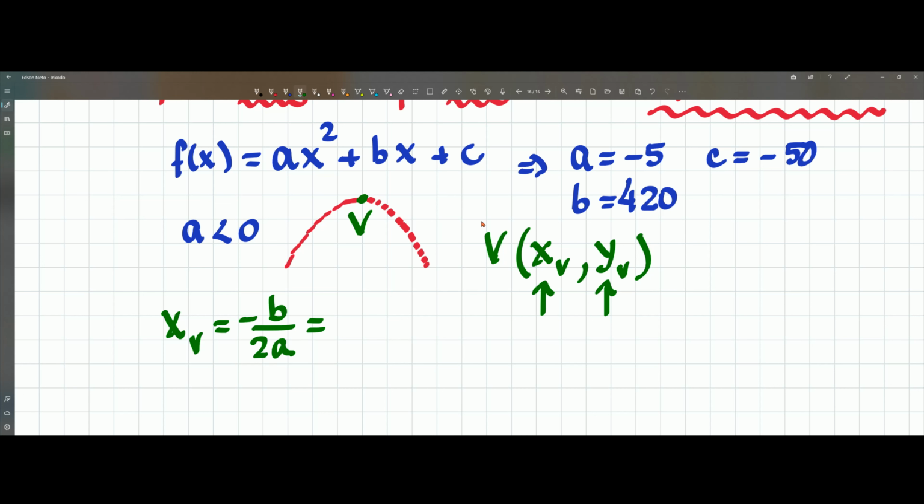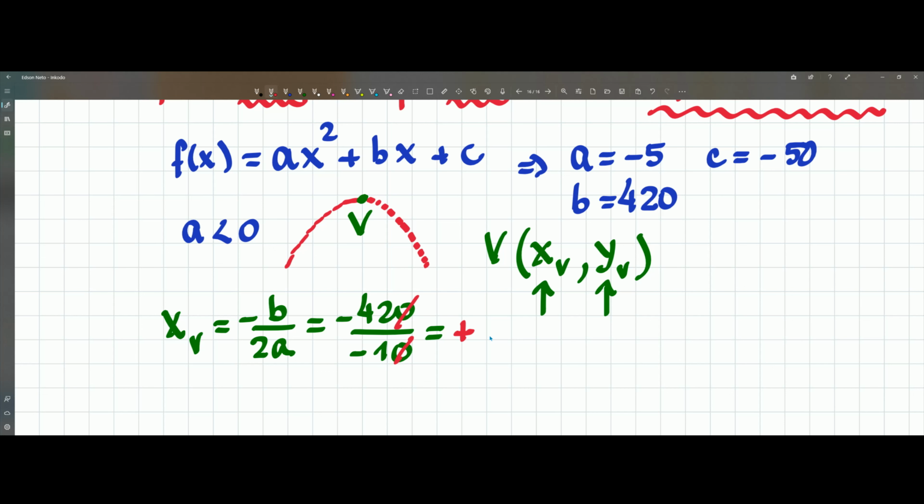In this case, we can just substitute the values we have. Minus 420 over 2 times a, but a is minus 5, then minus 10. And remember that when we have two negative numbers, one divided by the other, the result is a positive number. In this case, we can cut these two zeros because we can simplify numerator and denominator by 10.